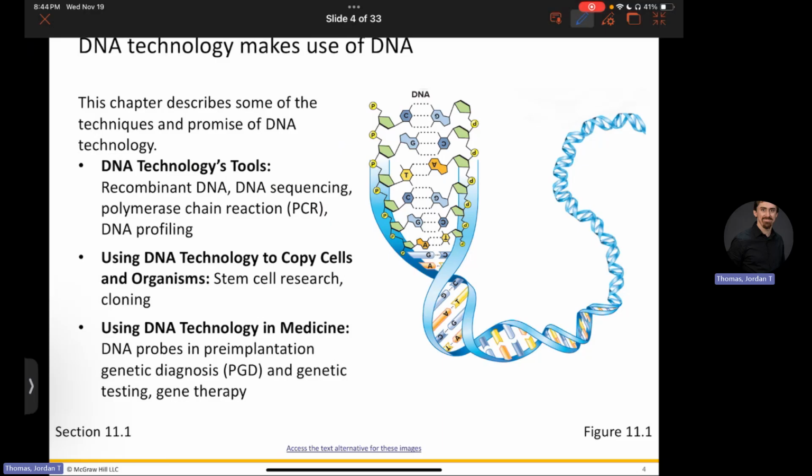And lastly, using DNA technology in medicine: DNA probes and implantation genetic disorders, diagnosis and genetic testing, and gene therapy. So DNA technology can be used in a wide range of ways. It can be used as tools, it can be used to copy cells and organisms, and it can be used in medicine.